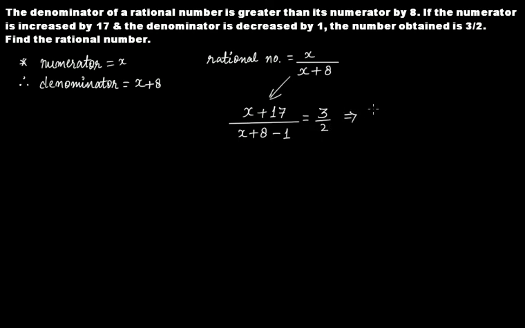So if you further solve it, you get (x plus 17) by (x plus 7) is equal to 3/2. Cross multiplication.